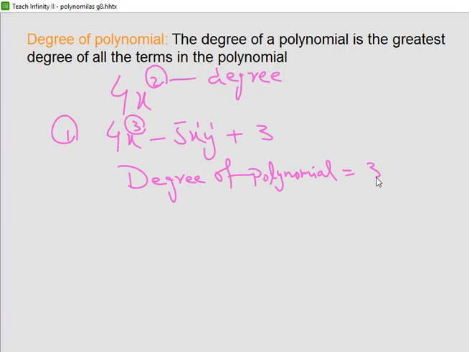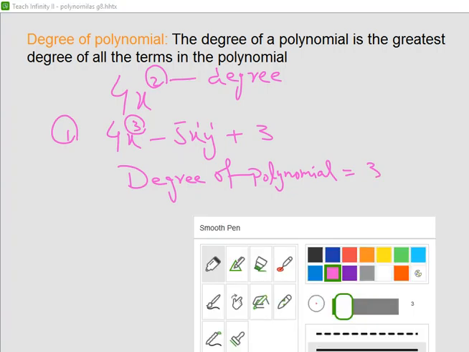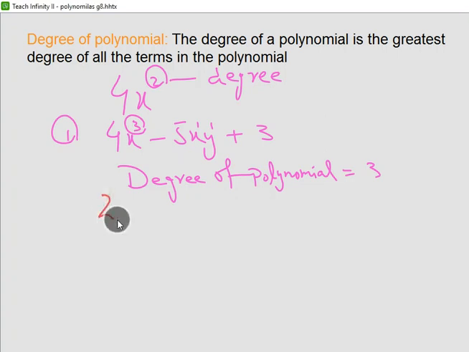Similarly, I am going to write another example: 2x square minus 5x square y square, and let me write another term also, just 3x.